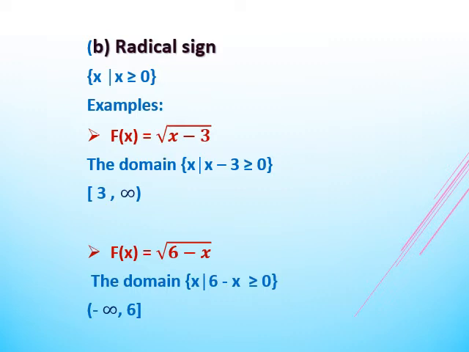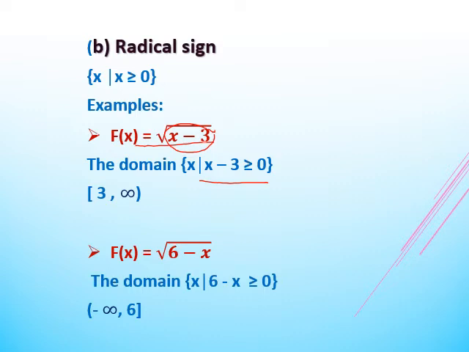If we have f of x equal to a radical, for example root of x minus 3, we take the value under the radical sign and require it to be greater than or equal to 0, to ensure that the value inside the root is not negative. Zero is okay, but not less than 0.